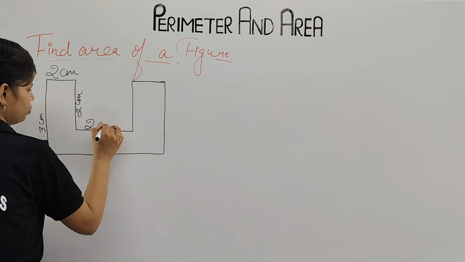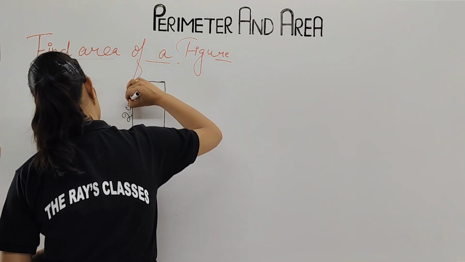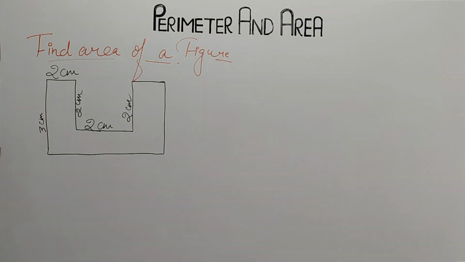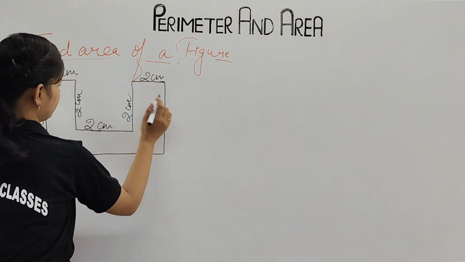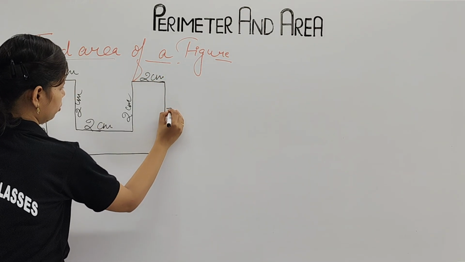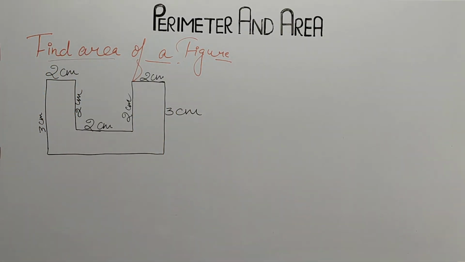This is also your 2 centimeter and this is also your 2 centimeter. Understood? Please note it down. This side, this side, this side, and this one is your 2 centimeter. This will be your 3 centimeter. This will also be your 2 centimeter. And this is also your 3 centimeter. Clear? And the overall bottom side.